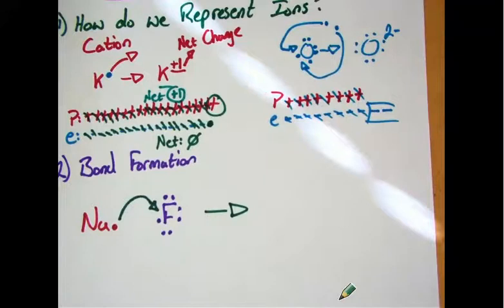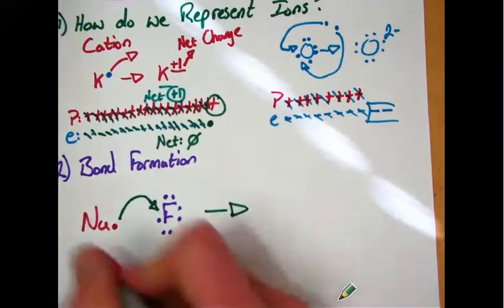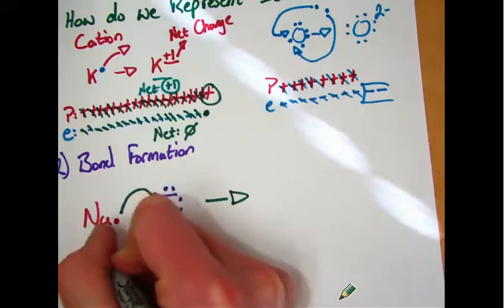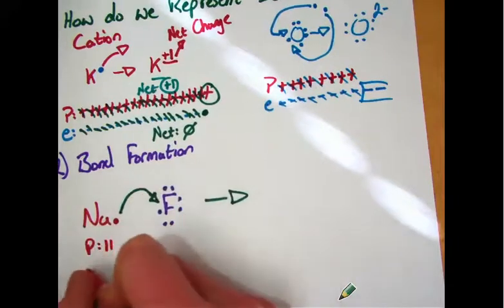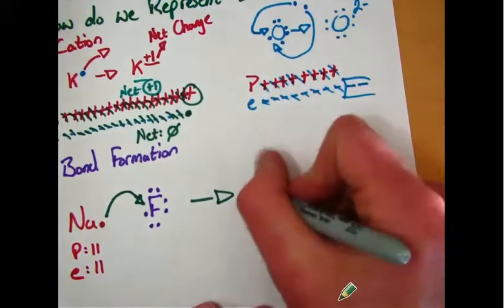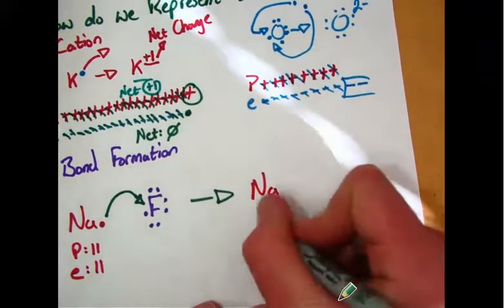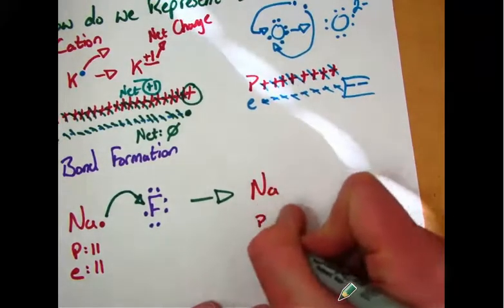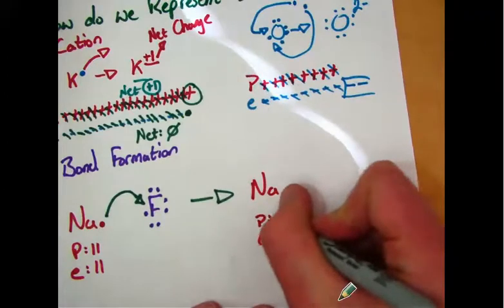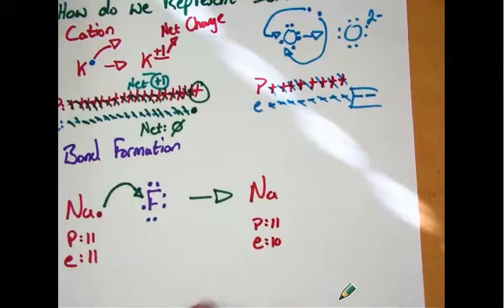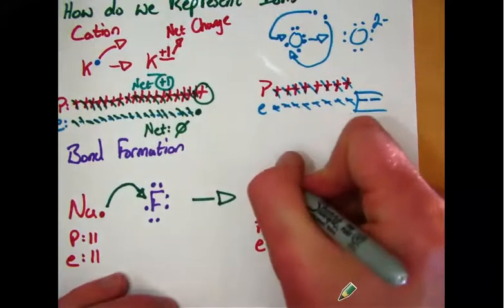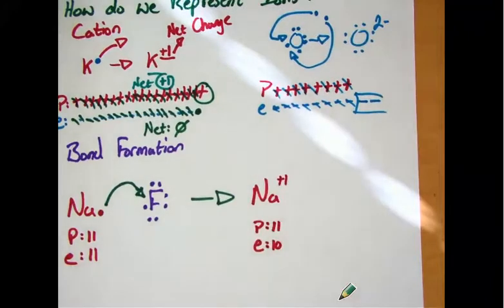So we are now left with a sodium atom with 11 protons, and right now the electrons is 10. It's now an ion. It's in fact a cation because it's positively charged. So we need to note that with a +1 charge.